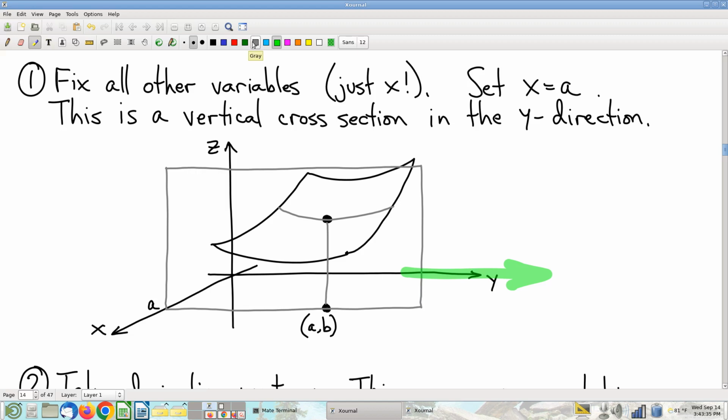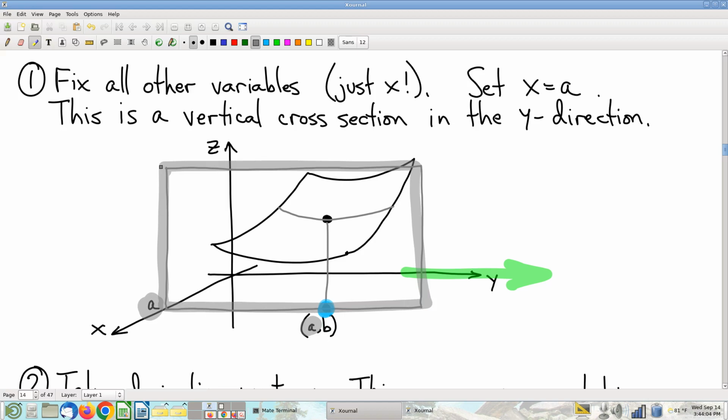That means that if we're interested in a point (a, b) in the domain, it's at that point that I want to compute the partial derivative. Well, x is fixed. It's got to stay a for the purpose of computing the partial derivative. That means that I am confined to this vertical plane.